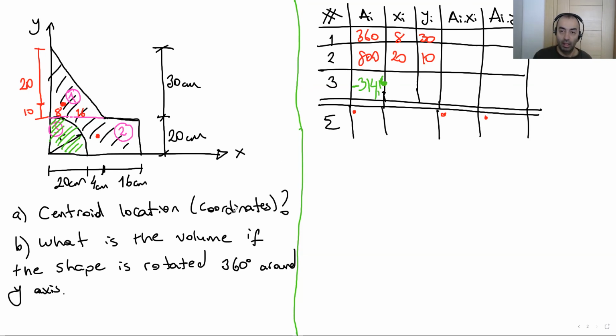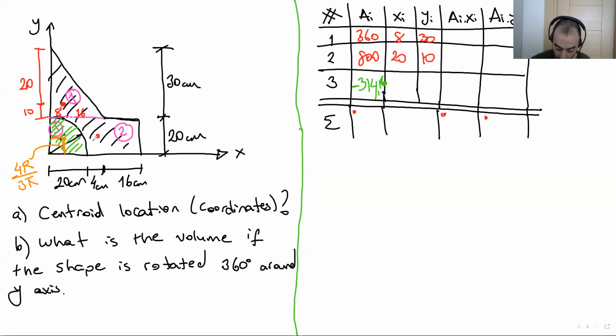This is 16. So what was the rule for circles? Remember, if we have a circle, its center of gravity point is here, and we used 4r over 3 pi. We are going to use this method. So it's 4 times r. What is r?